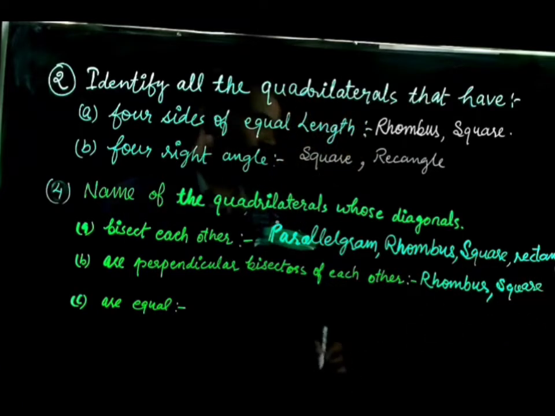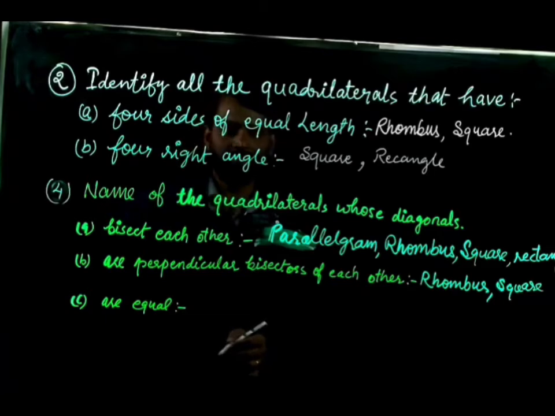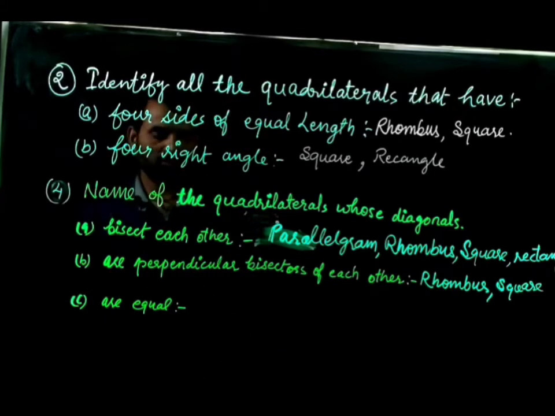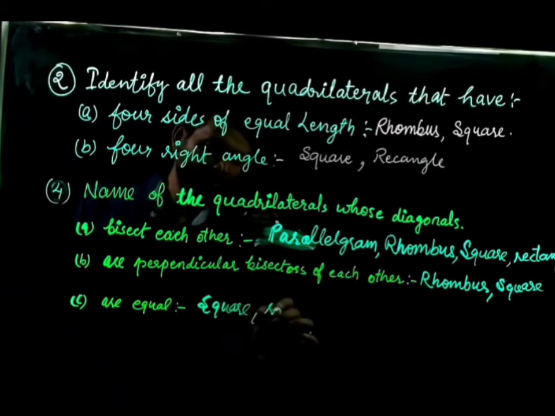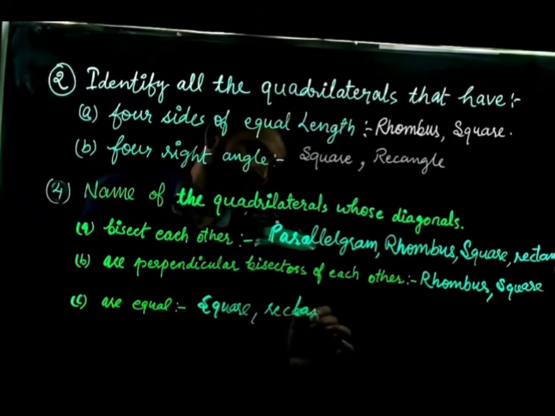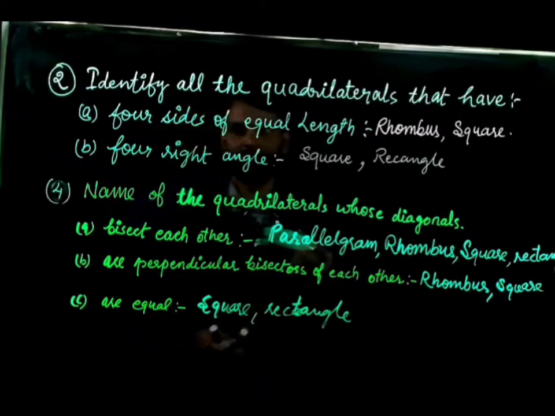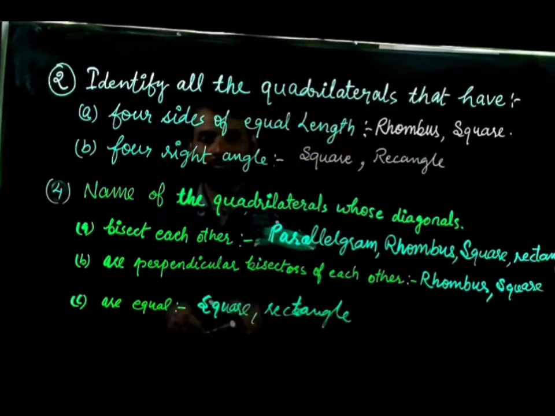The rhombus and square have diagonals that are perpendicular bisectors. And the third, diagonals are equal: square and rectangle diagonals are equal. So this is question number 2 and question number 4.